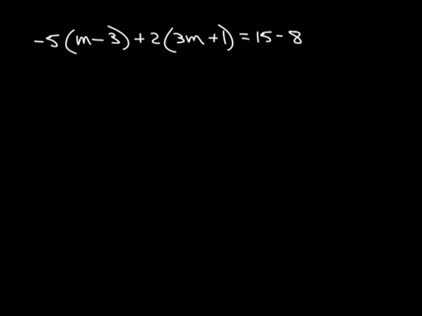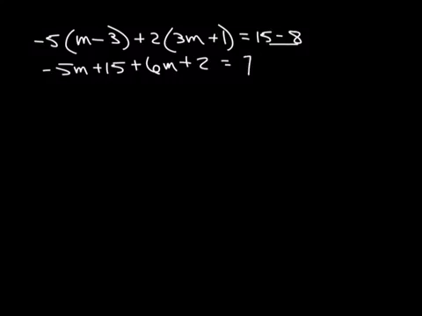We're going to jump all the way to number 52. And notice instead of an x, they're using an m, which is okay, doesn't really matter. Alright, so we're going to distribute first. We're doing the parenthesis thing here first. And I'm not going to explain every little bit of stuff I do here, but I'm just distributing. 15 minus 8 then is 7.